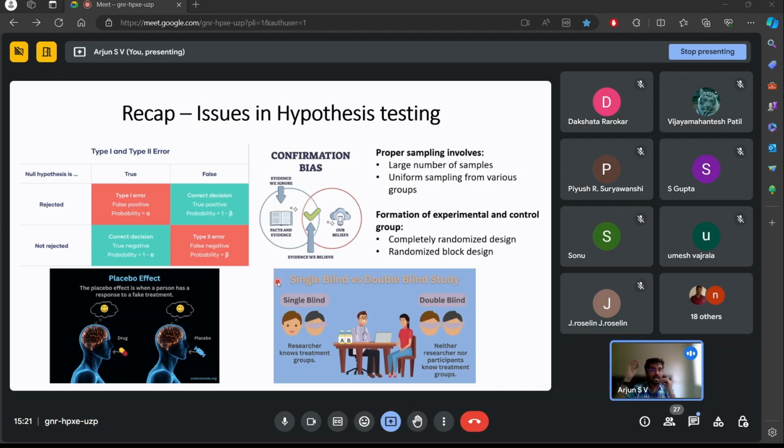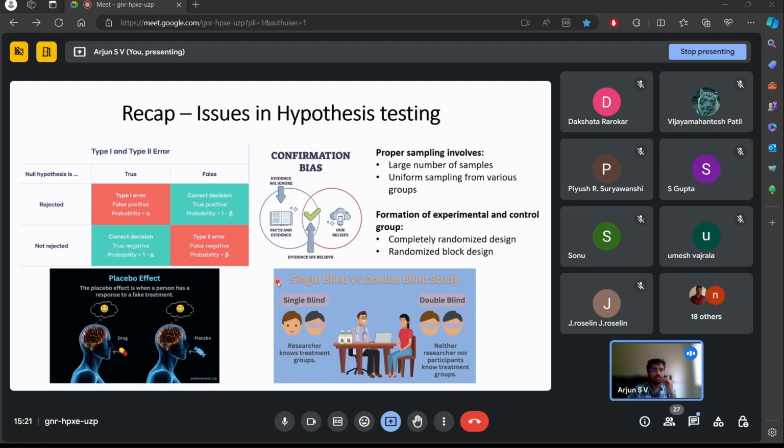I am desiring an outcome that my paracetamol drug should work, and I am favoring my experiments and my results so that they come out positive in favor of the desired outcome. This is called confirmation bias. Whatever experiment we perform should not have any sort of confirmation bias.